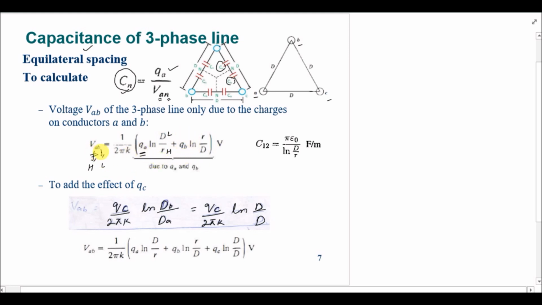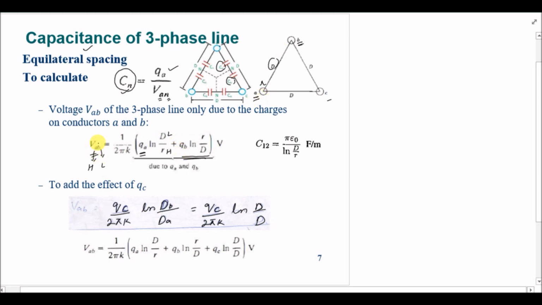If we have to calculate VAB due to charge QA, then the logarithmic term will have the low potential point distance in the numerator and the high potential point distance in the denominator, and the high potential point is A and the low potential point is B. From the figure you will see this is your point A and this is your point B. The high potential point has a distance R and the low potential point has a distance D. Now for the second part, again we will assume that the charge over the conductor A is equal to 0, so we only have QB charge.